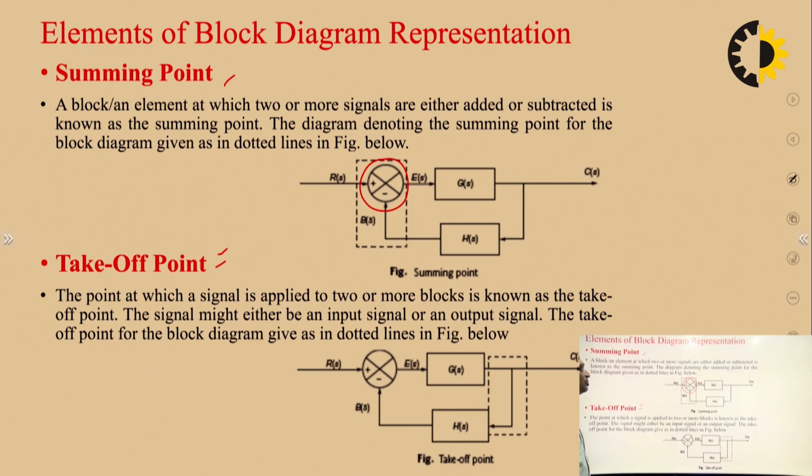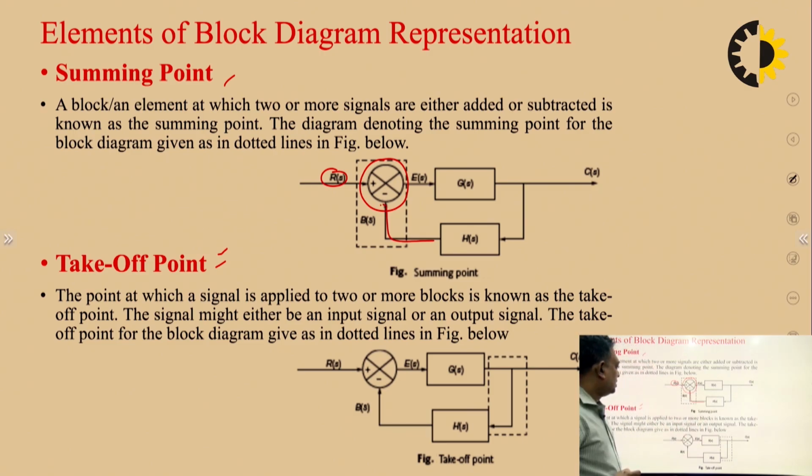The summing point is denoted in the block diagram by dotted lines. Here you can see two signals being added, one coming from the input and one coming from here.